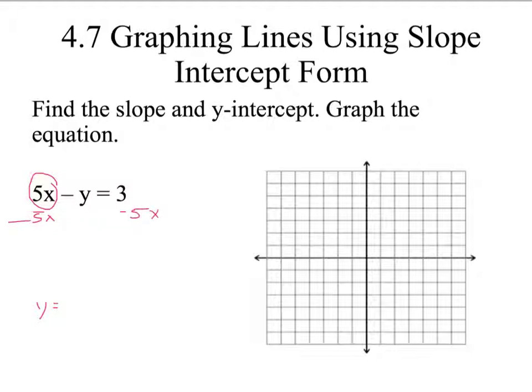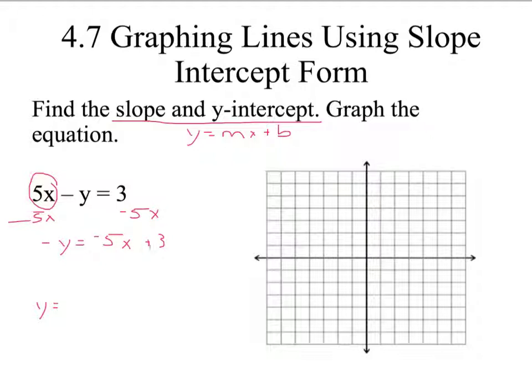Now, remember when we were talking about y equals mx plus b, that's slope-intercept form. And you will notice that you are finding the slope and the y-intercept. So now I have negative y is equal to negative 5x plus 3.